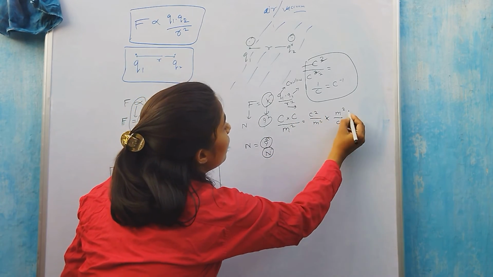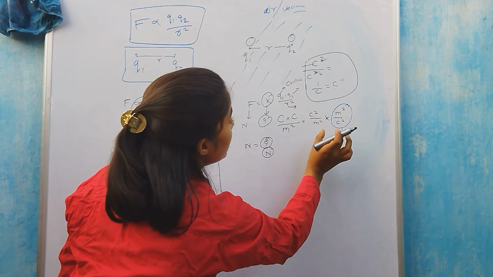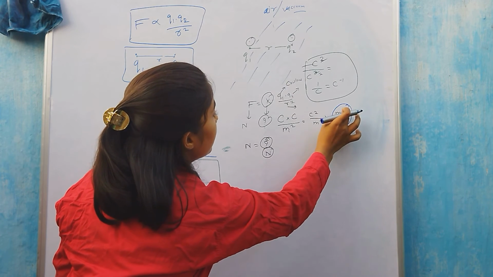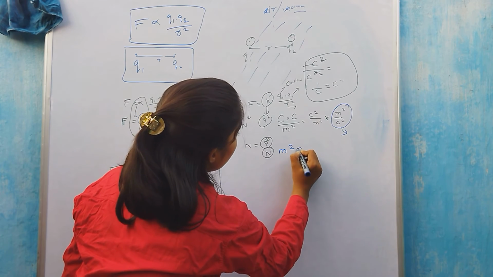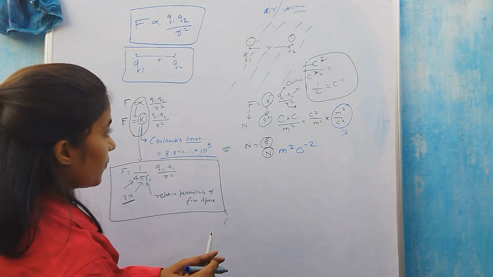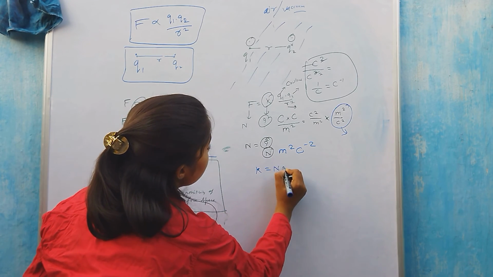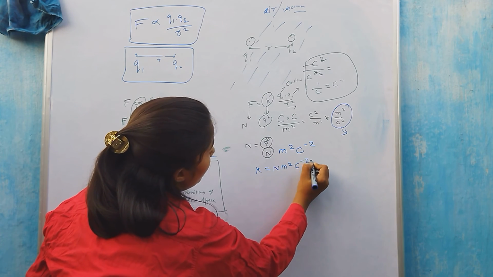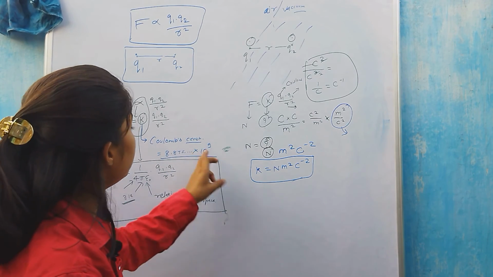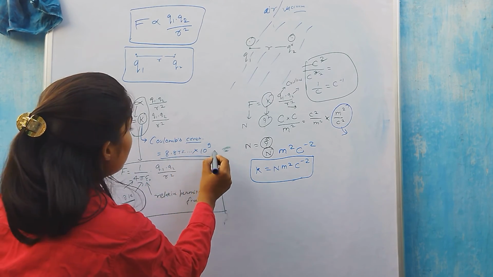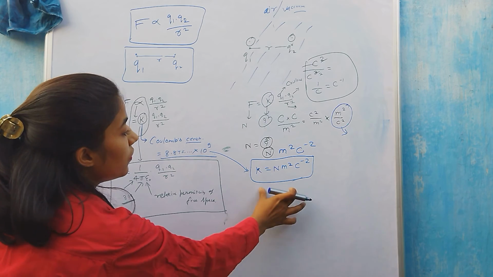So we are adding here this new term, that's why this can be written as N m square C inverse square. Okay. So now what will be the unit of k? That is Newton meter square per Coulomb square.